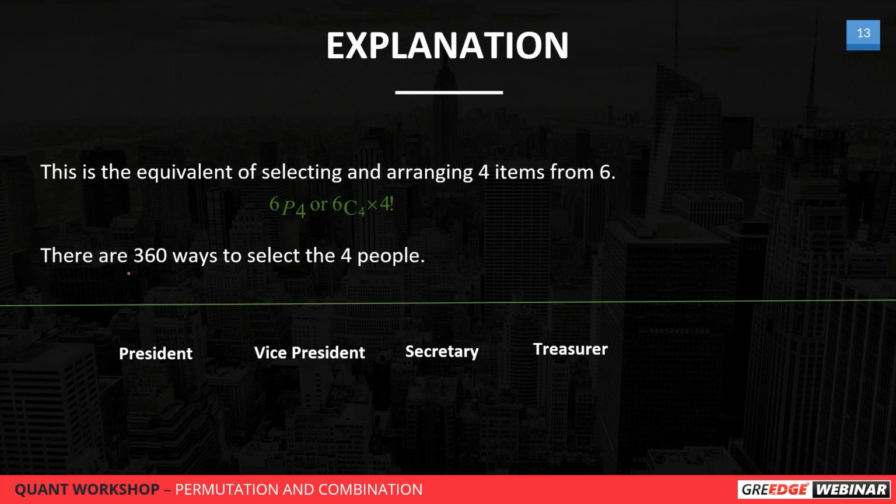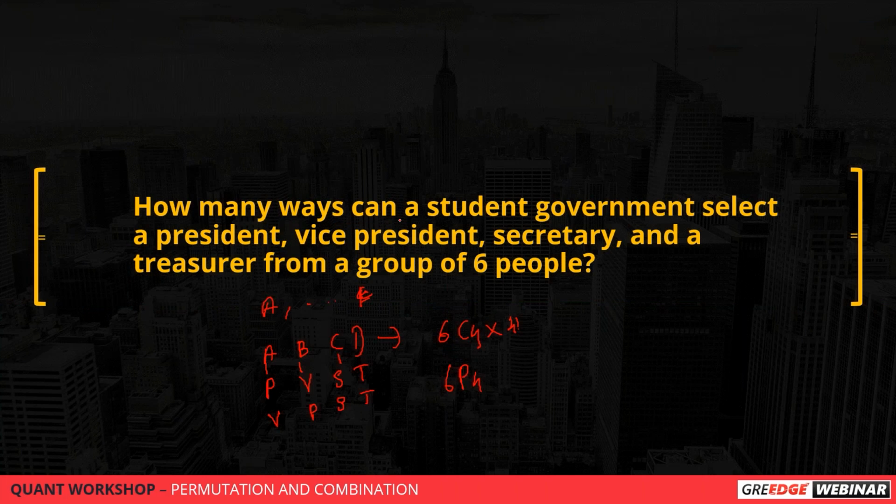Here it goes by the logic of permutation as well as combination. So this can be done in 6C4 ways times 4 factorial ways. We need to be careful between these two things, about which one will be the right answer. Got it now? Others, are you clear with this?